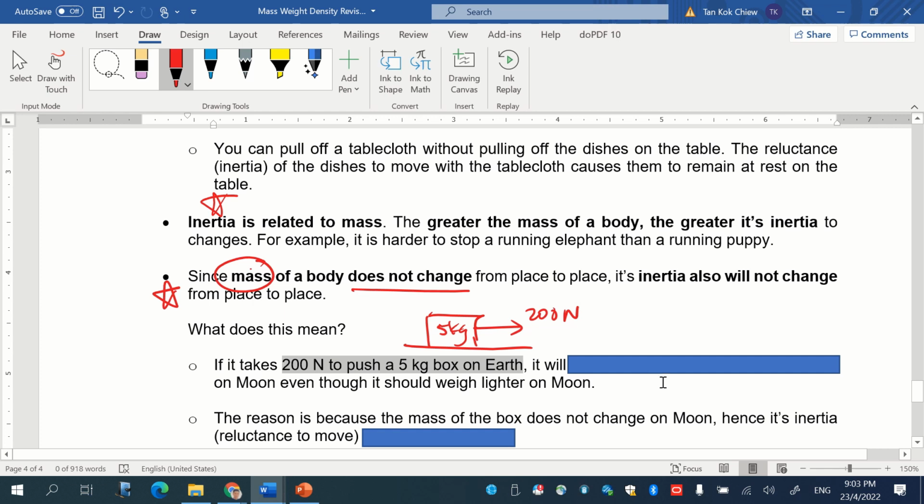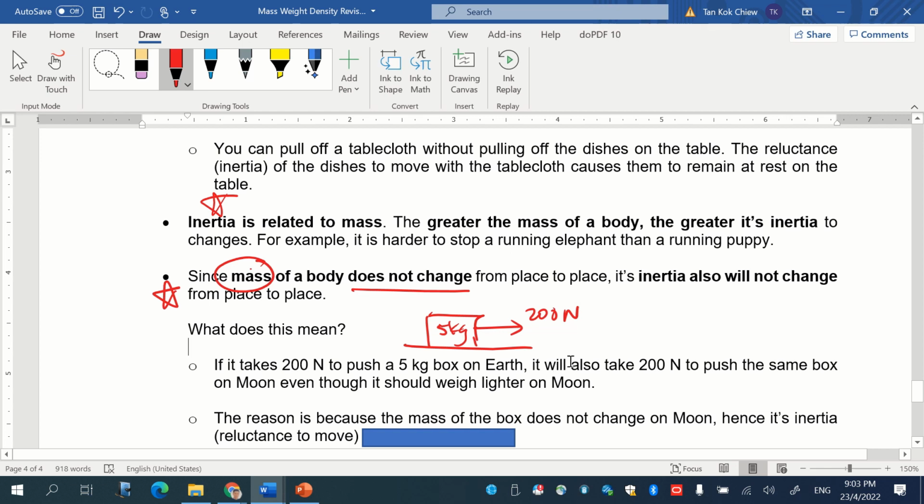Some people may think that on the Moon it will be lighter, so easier to push. But at the same time, when you go to the Moon, your body also is lighter. And the mass of the box and you remains the same. All right. So because mass doesn't change, inertia also doesn't change.